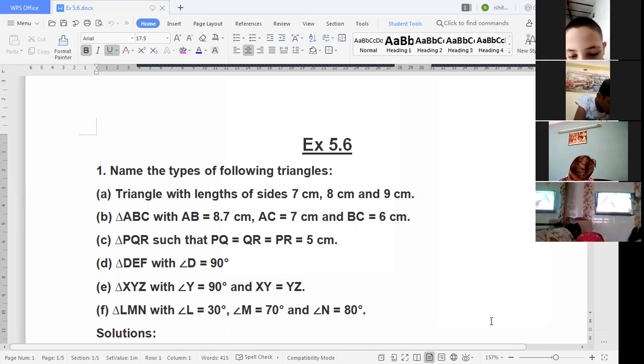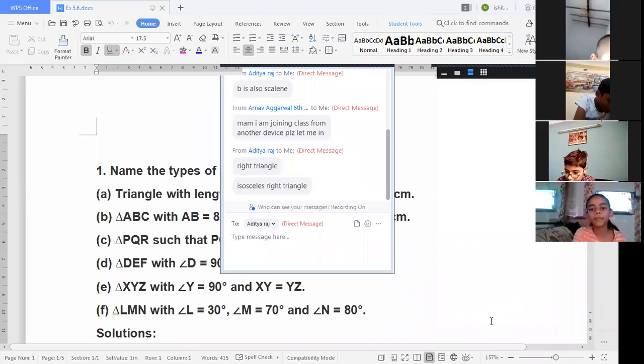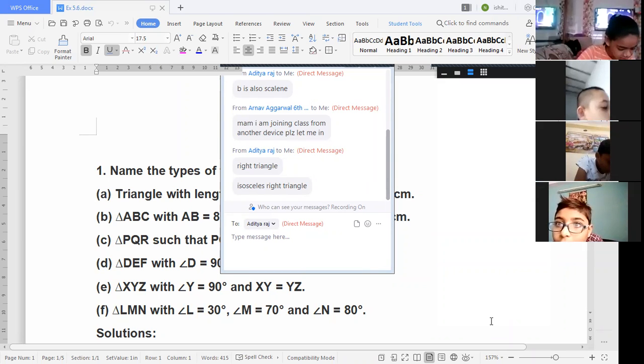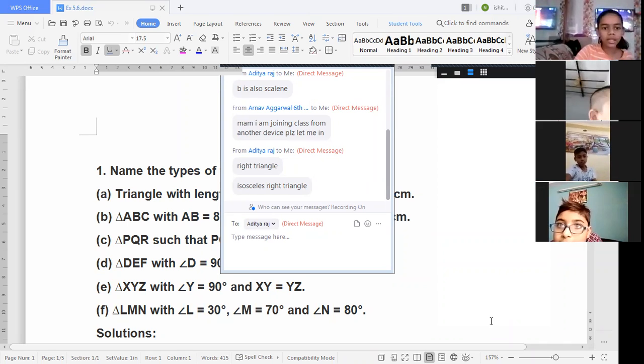Chitra, read the next part. Chitra, read the F part. Okay, ma'am. There is only the D part, not E and F. Question number 1, I'm asking.